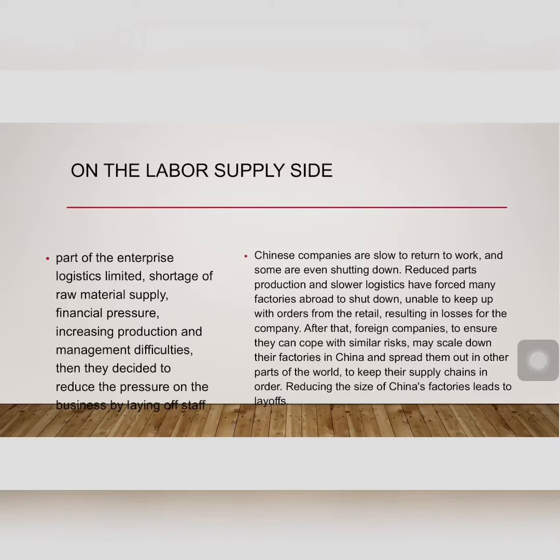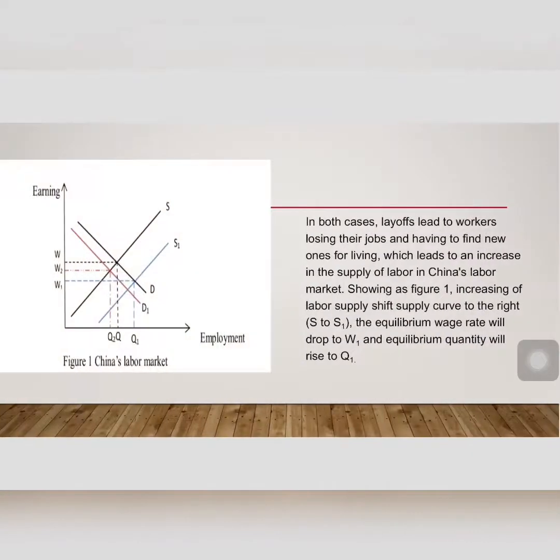After that, foreign companies, to ensure they can cope with similar risk, may scale down their factories in China and spread them out in other parts of the world to keep their supply chains in order. Reducing the size of China's factories leads to layoffs.